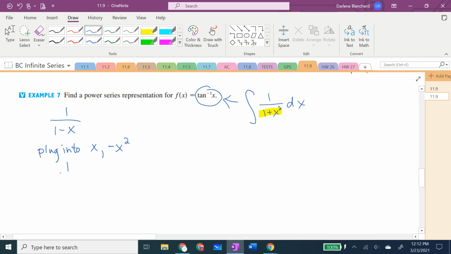And I'm going to write down the function that I get when I do that. And then I'm going to write down that my next step is to integrate.